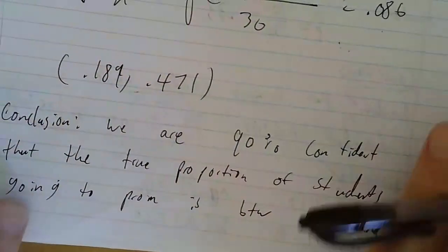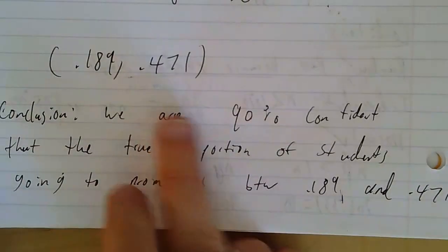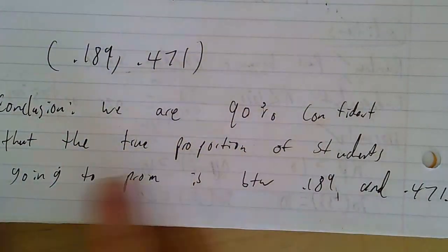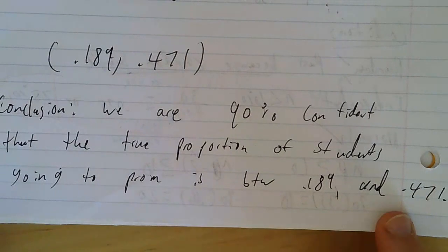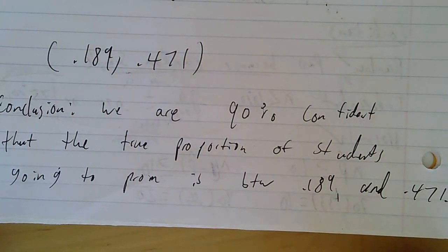Okay, so that would be your sentence structure. We are some percent confident that the proportion of students going to prom is between two numbers.